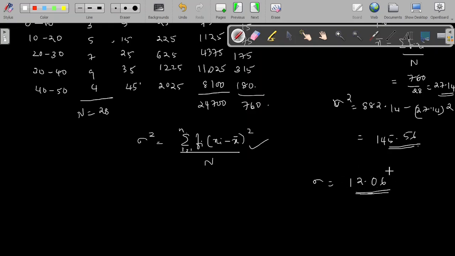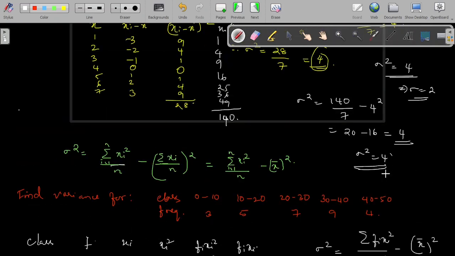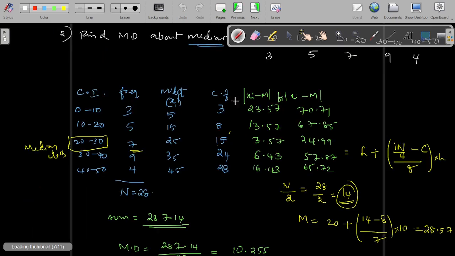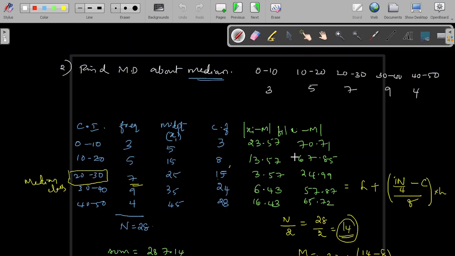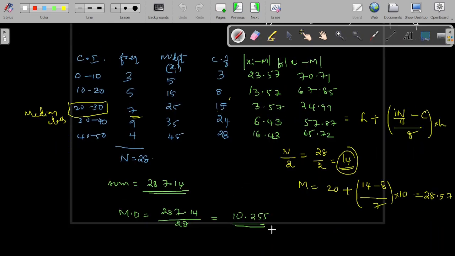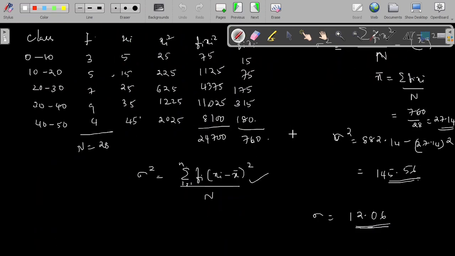Now this standard deviation can be used to compare the dispersion in different methods. See here, using the mean deviation for the same data, we got the dispersion as 10.255, whereas using the standard deviation, we got the dispersion as 12.06. Almost equal, close.